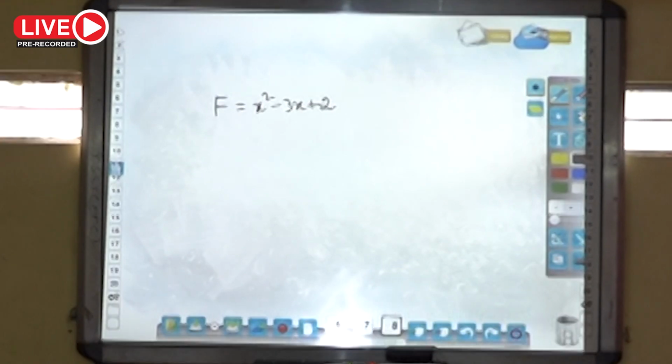Then you will get x equal to 3 by 2, and at x equal to 3 by 2 the force will be minimum. So you have to put this 3 by 2 in the expression of the force to find the minimum value.